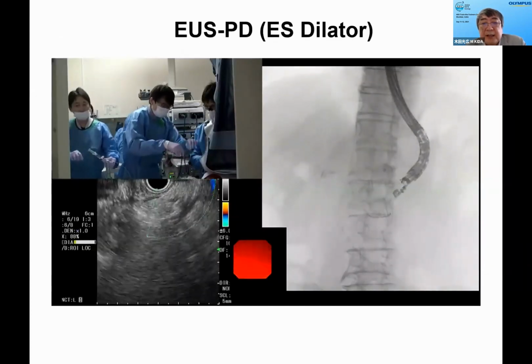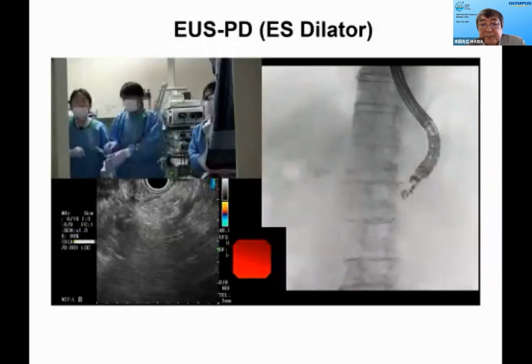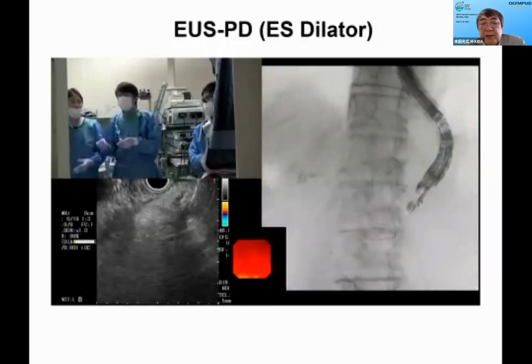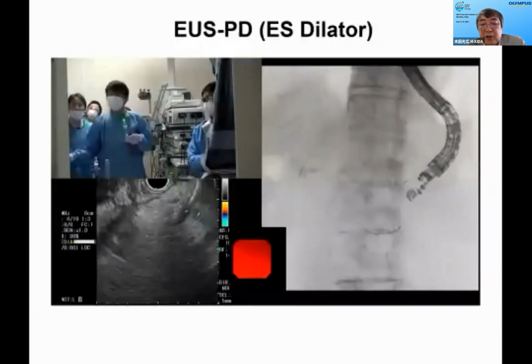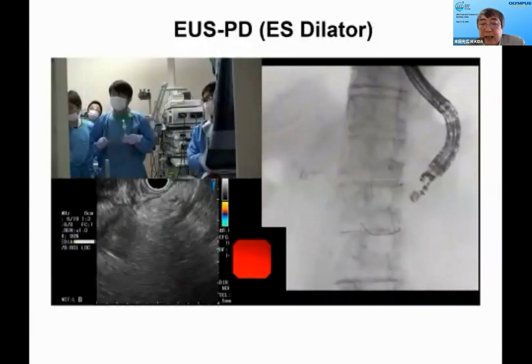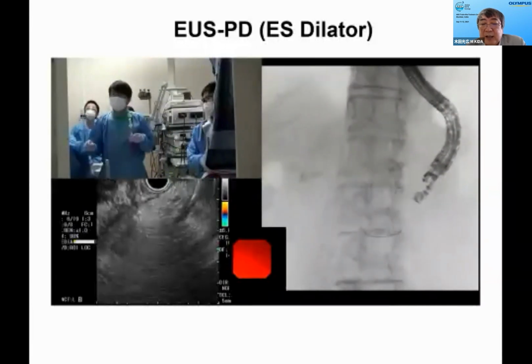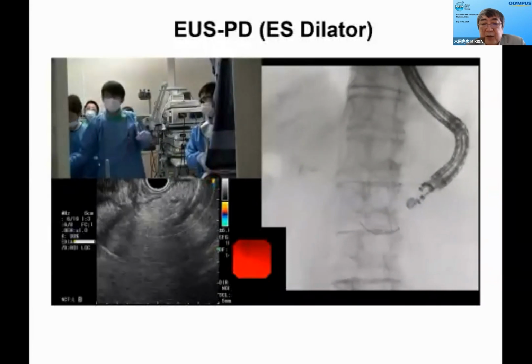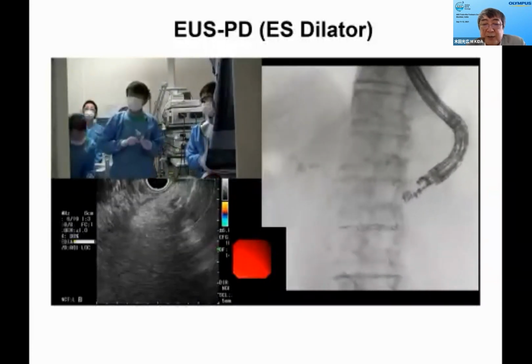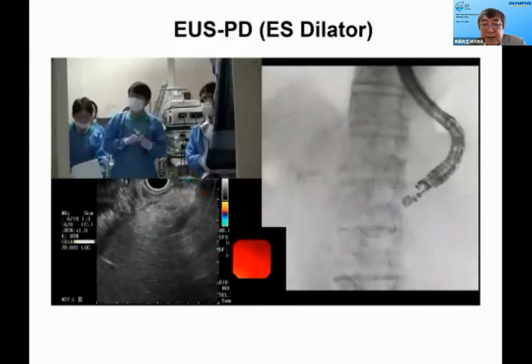Today, we insert the ES dilator. Even when we employ the ES dilator, it is very hard to insert into the pancreatic duct because the pancreatic parenchyma is very hard compared to the bile duct, like this.